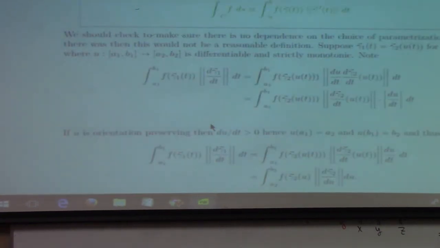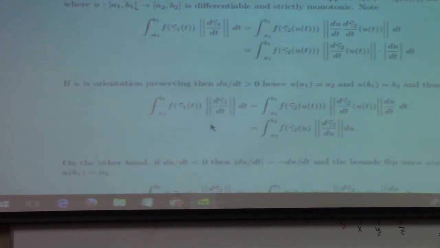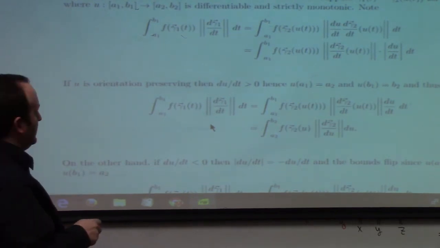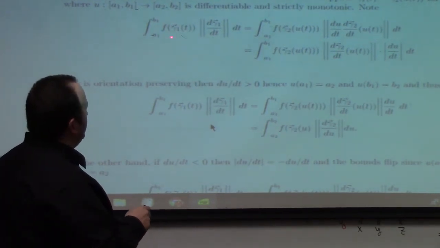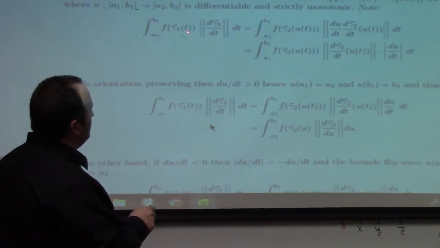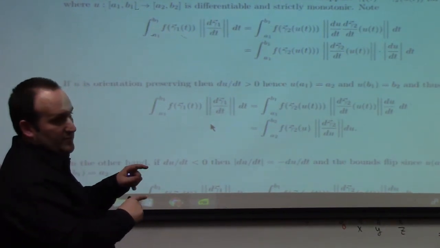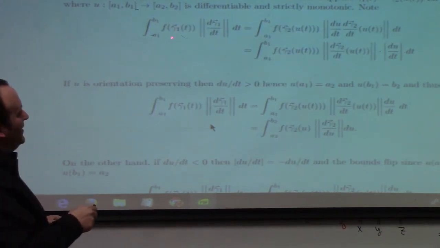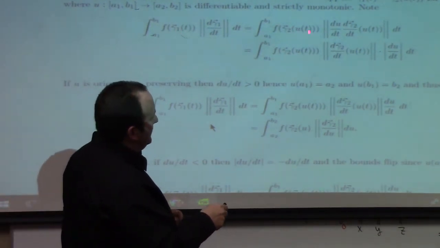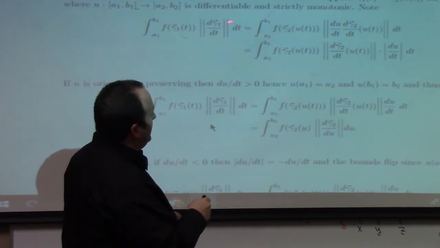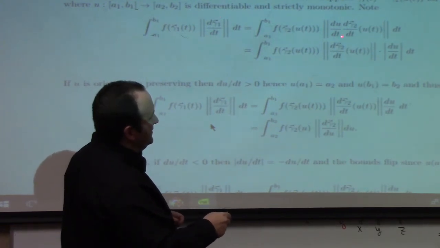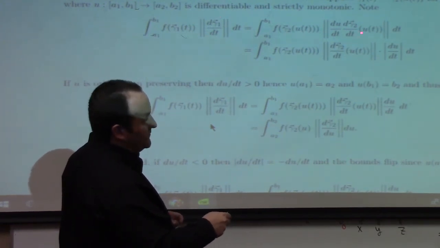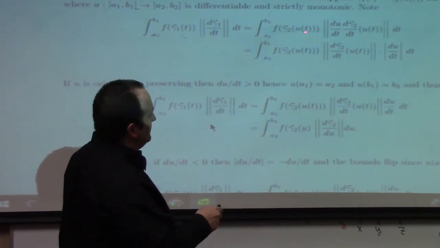All right, so I gave you this definition today. Here's the proof that it doesn't care what parameterization you use. If I start out in the gamma 1 parameterization, integrating from a1 to b1, and then I trade that for a new parameterization, gamma 2, rewrite my gamma 1 in terms of gamma 2 of the reparameterization, trade my d gamma 1 for the du dt times the velocity in the second parameterization. Well, what happens?